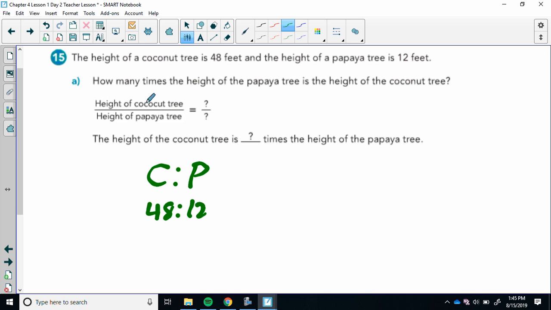Well, they give you the formula here. It's height of coconut tree divided by papaya tree. So let's put those numbers in. 48 over 12. Remember, this line means divide. You get 4. The height of the coconut tree is 4 times the height of the papaya tree.